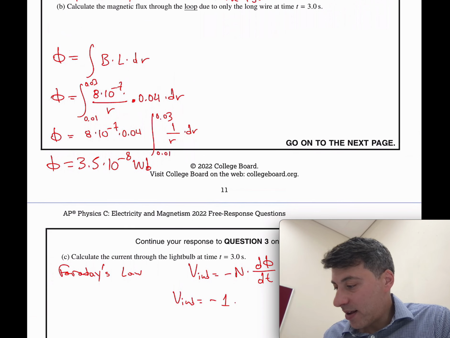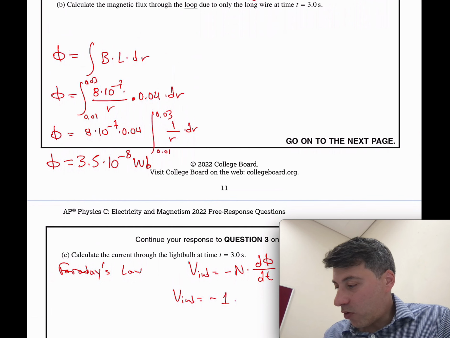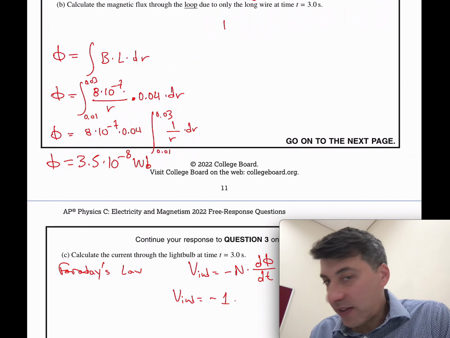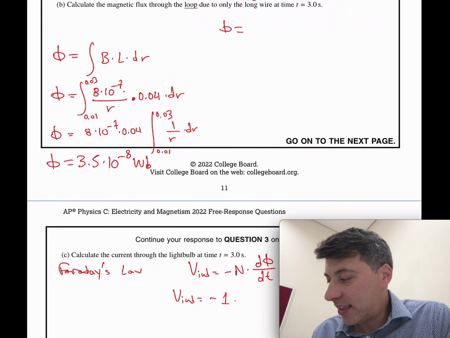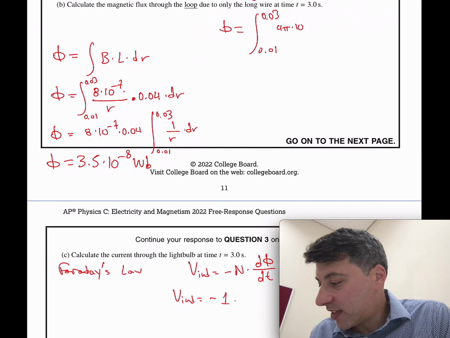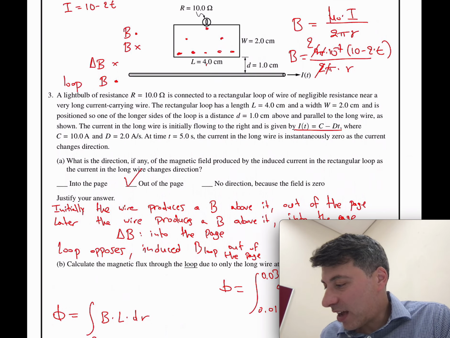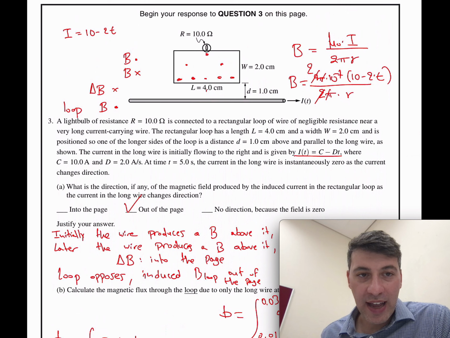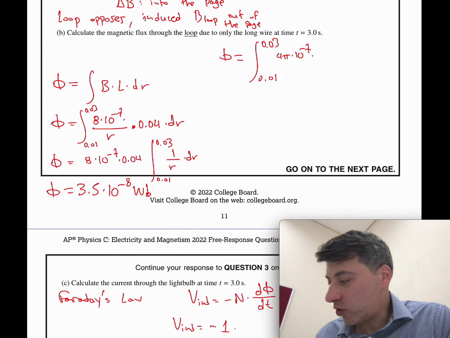Again, the magnetic flux is integral from 0.01 to 0.03, mu 0, which is 4 pi times 10 to the power of negative 7, times the current, but now we'll write the current as a function of time, so 10 minus 2t.